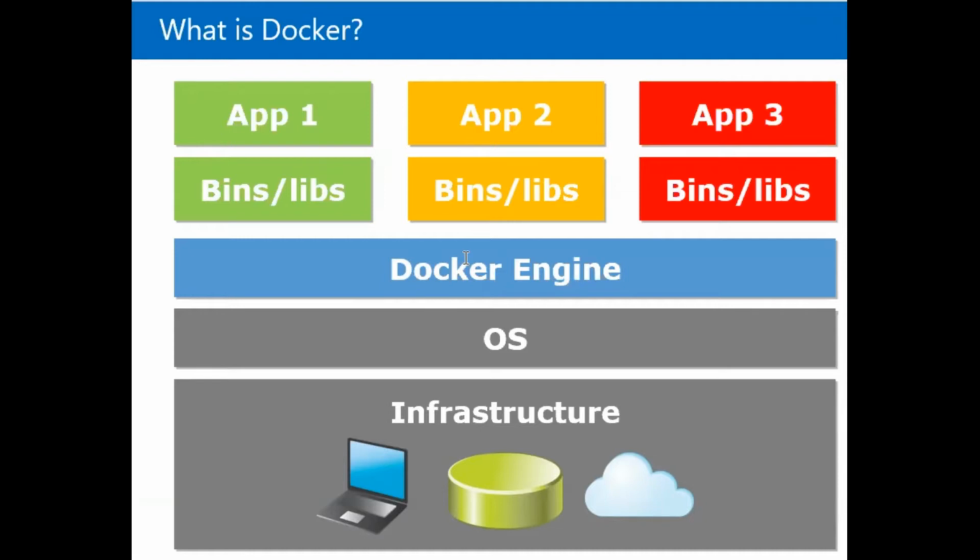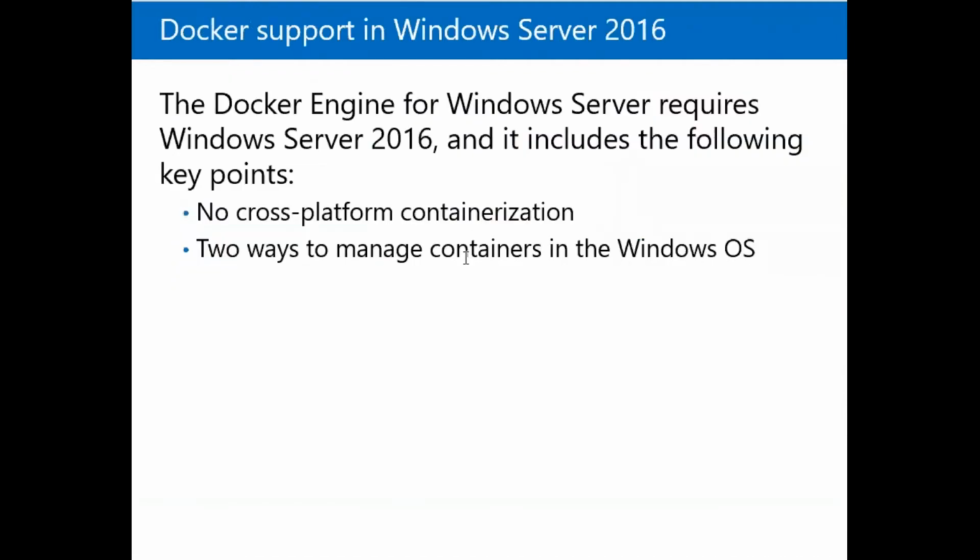Docker is another company, same as Microsoft. The Docker engine for Windows Server requires Windows Server 2016 and includes the following key points. No cross-platform containerization, and 2 ways to manage containers in Windows OS.